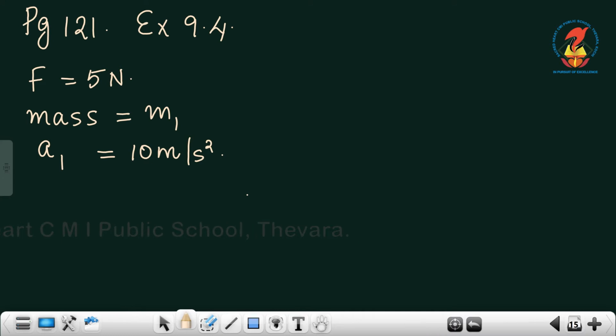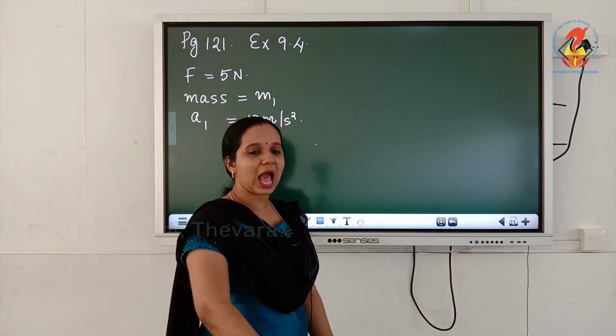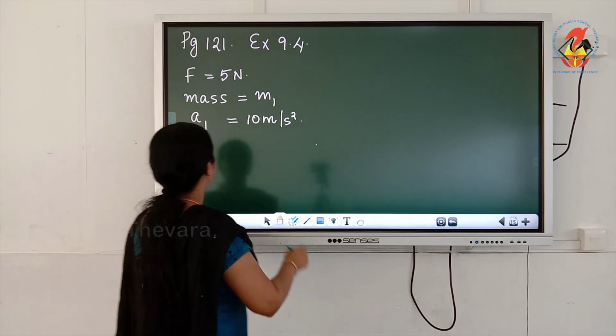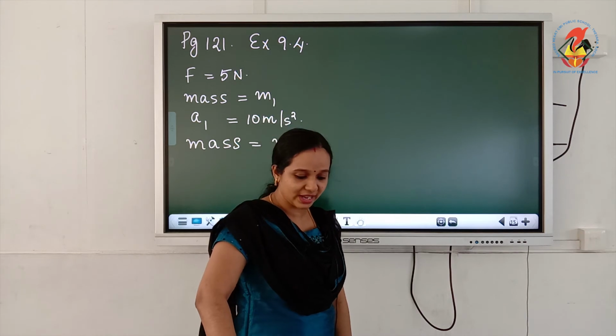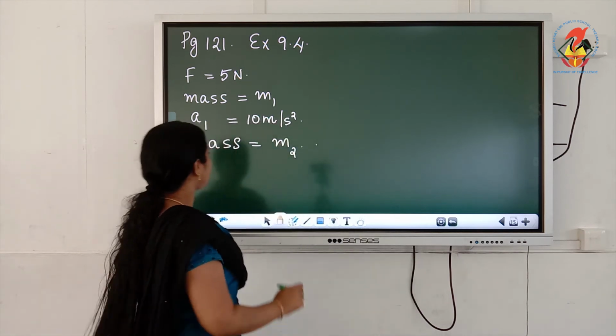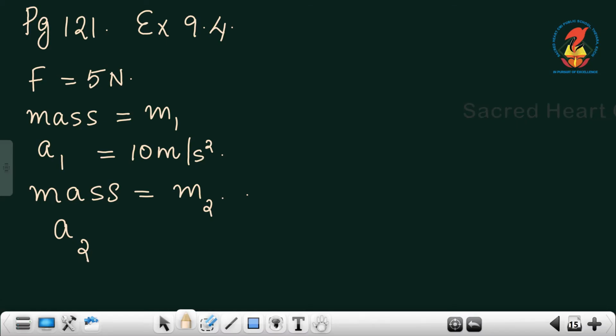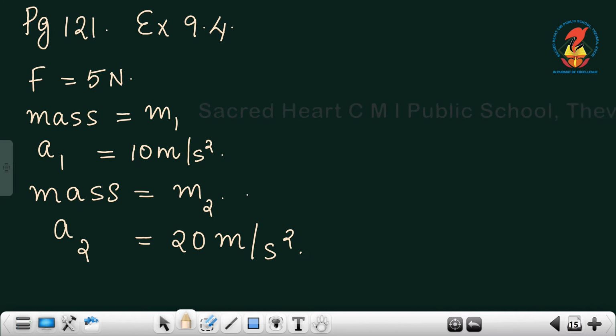Again the same force acts on another object of mass m2, and that second object is accelerated by 20 meter per second square. So acceleration of the second object is 20 meter per second square.